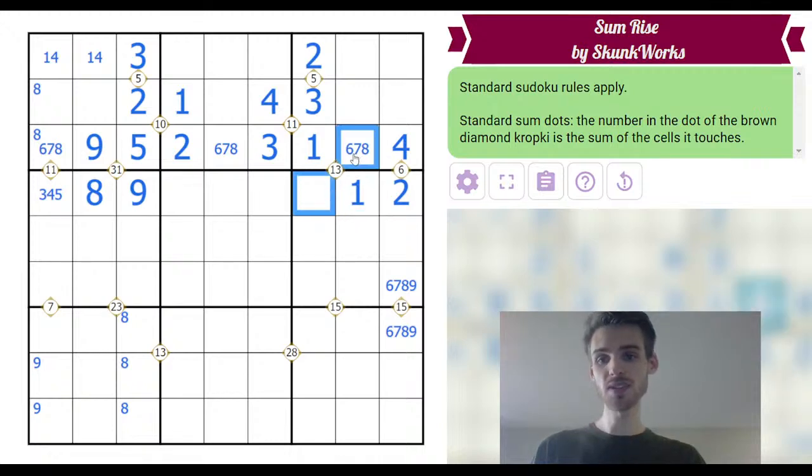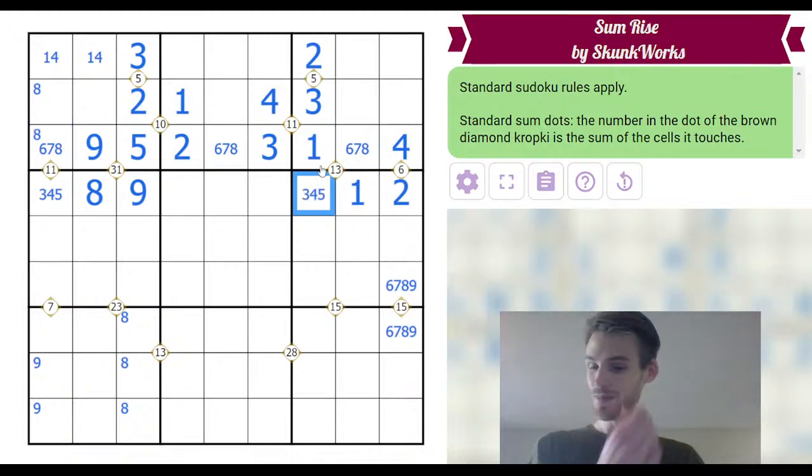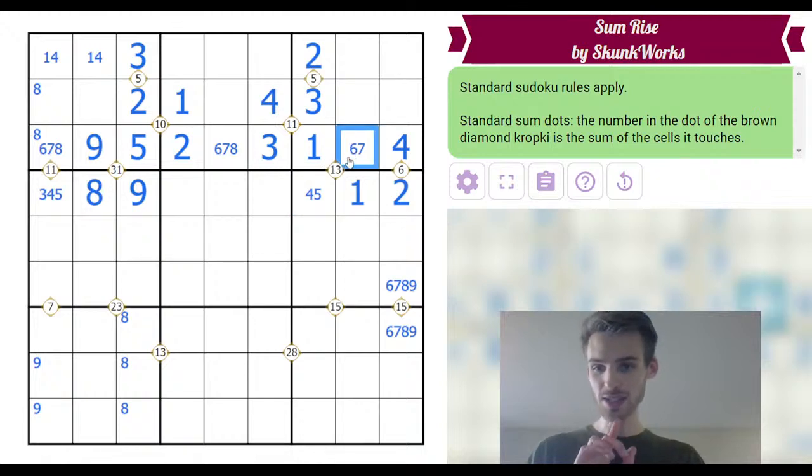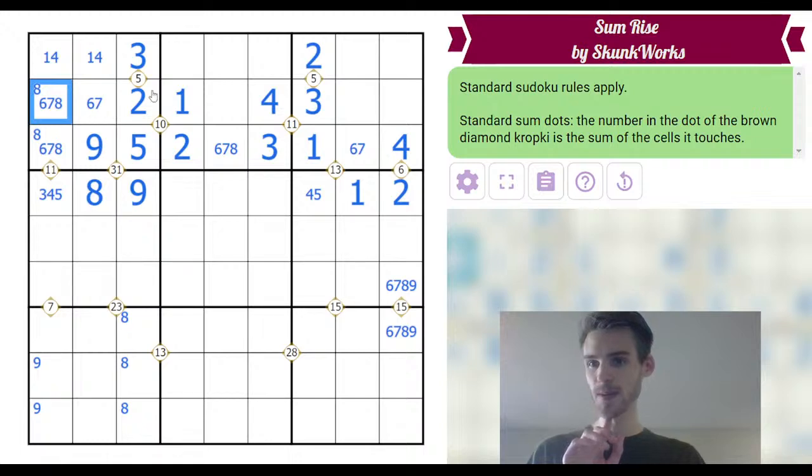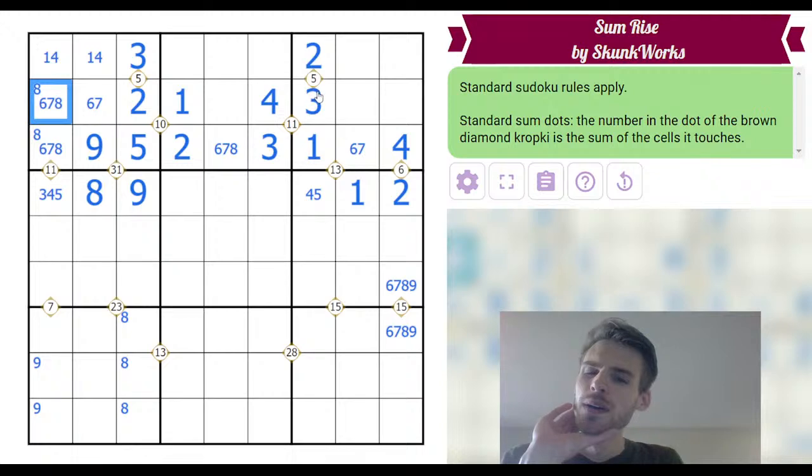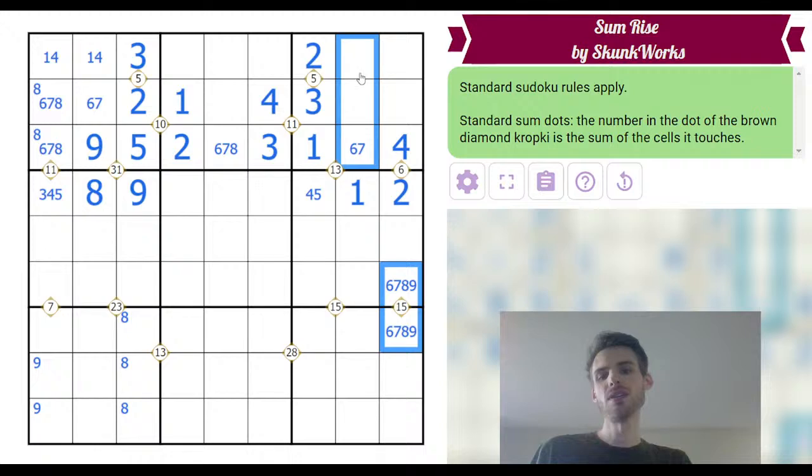So these 2 cells add to 11. Huh, that's kind of suspicious, because these 2 cells add to 11, so this is also 3, 4, 5. But it can't be 3, so that can't be 8. This is 6 or 7, this is 6, 7, 8. These 2 digits are going to be in here.